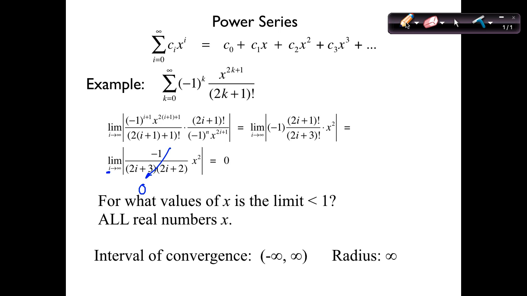And we'll find out later what this actually converges to. Is this sine or cosine? Oh, is it sine? We'll find that out next week. Stay tuned. This actually converges to sine for all real numbers. Mind blown. Okay.